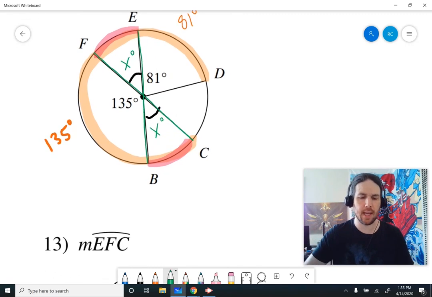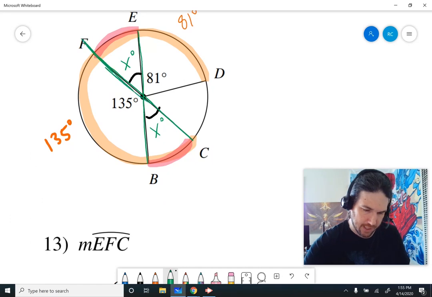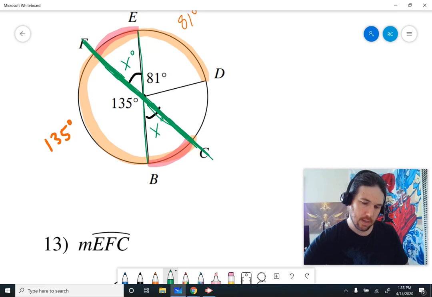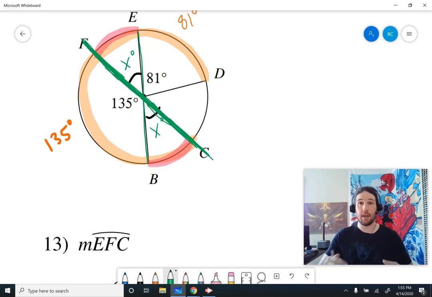Well, speaking of straight lines, if you look at this straight line here from F to C, we learned in class that a flat line, half a circle, is 180 degrees.